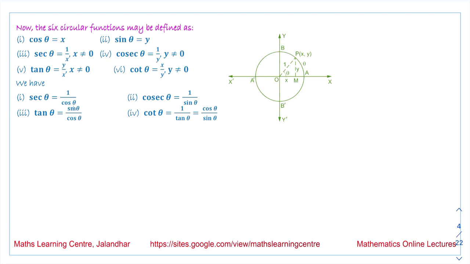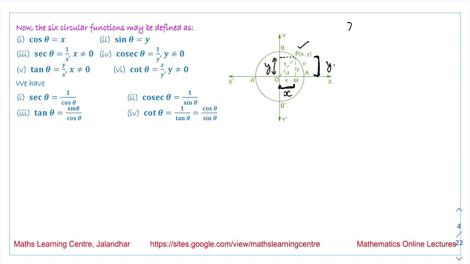So we are saying what functions we can define. First we have considered this length OM, which is equal to x. We have drawn the perpendicular from this point P on the x-axis. This length we are saying is y, because the coordinates of the point P are x comma y.